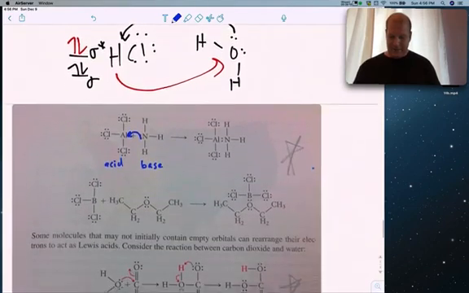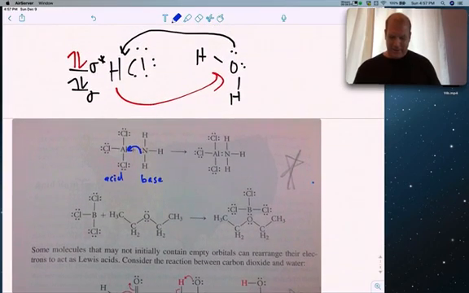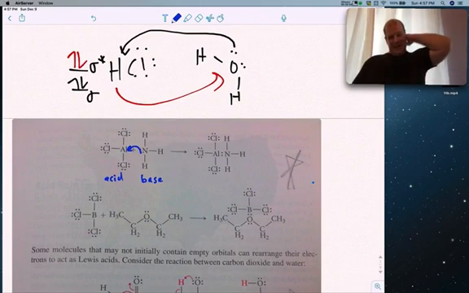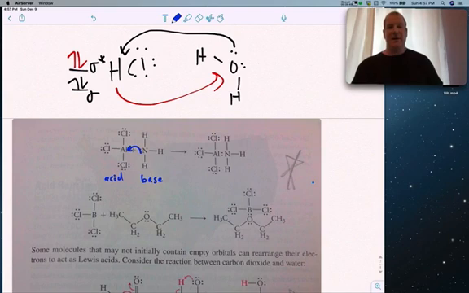And also, there are some things that act as Lewis acids. You get certain reactions where it's a Lewis acid. And as I mentioned before, Lewis acid-base theory works for everything. It's the most general, a better definition than Bronsted-Lowry. The reason an acid is a proton donor is because of the electrons.